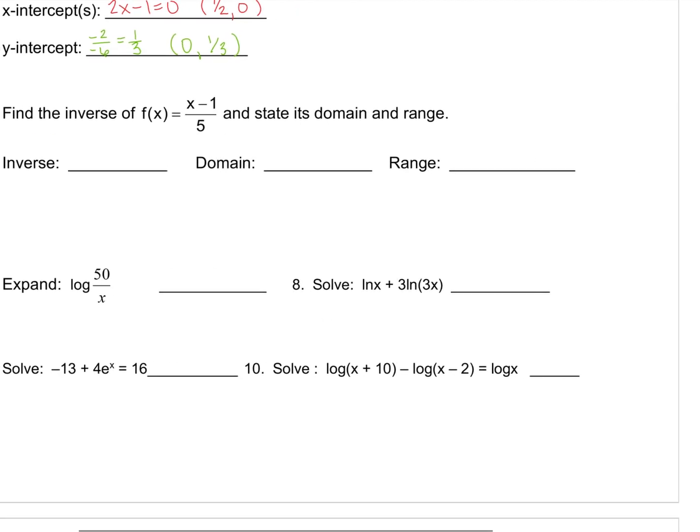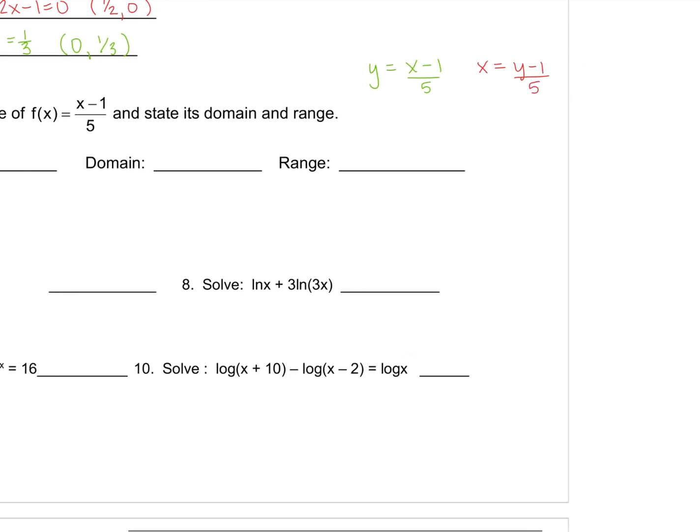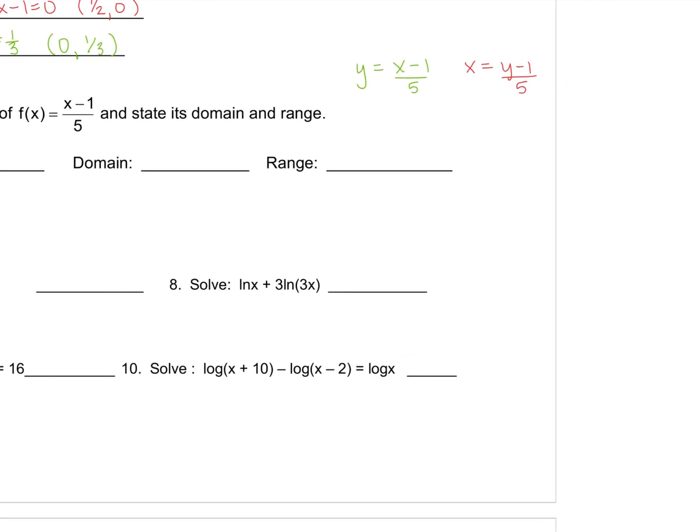So instead of f of x, I'm going to have y equals x minus 1 over 5. I'm going to switch my x and my y, so this becomes x equals y minus 1 over 5. Now, remember, I have to move that 5 first because he is in the denominator.